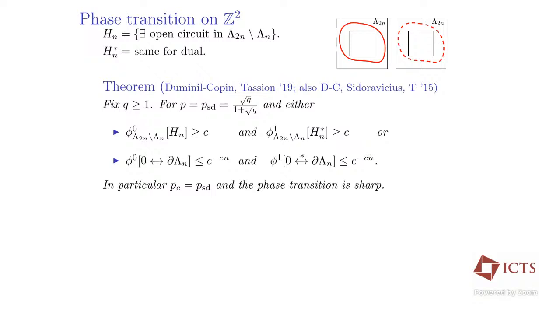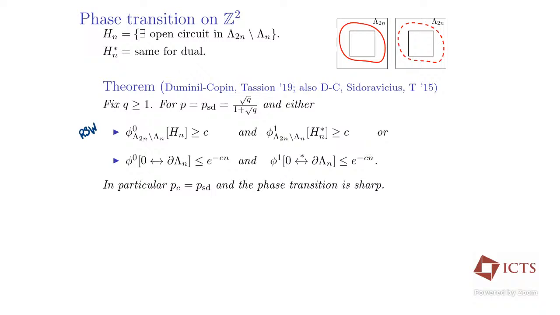And so what we're going to do is that we're going to prove that there are two possibilities at the self-dual point. Two possibilities related to the RSW property. So possibility number one, which I will call an RSW regime, is the following.